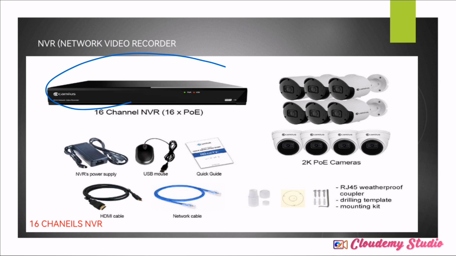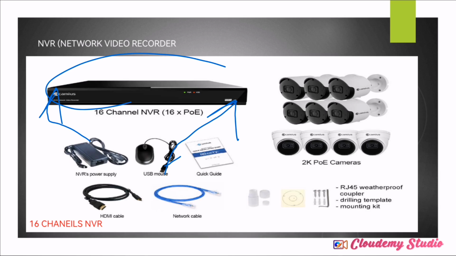This is the power supply that is supposed to be connected to the NVR. The power supply goes to the switch or socket in order for the NVR to go on. Then this is the mouse. This mouse is supposed to be connected to the NVR.